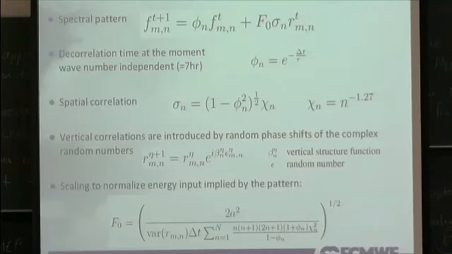And in the SPPT scheme, the same pattern is used in the whole column. But for a backscatter, we also have vertical correlations, and they are simply introduced by having a random phase shift of the random numbers used in evolving the pattern with height, and that gives a certain profile of correlations.